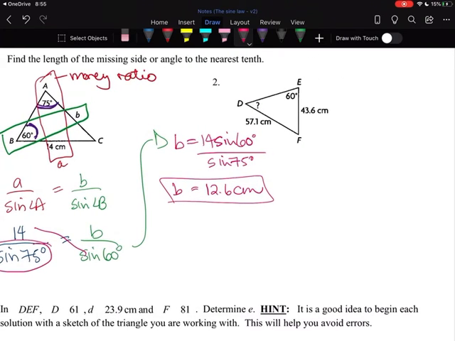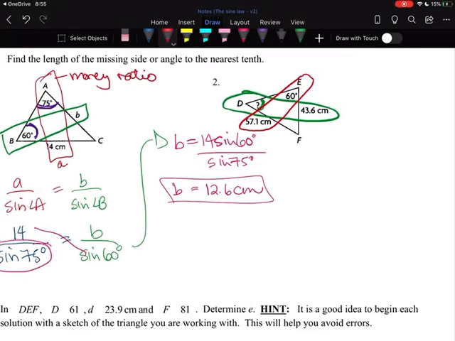For question number two, this time we're looking for a missing angle. We're looking for angle D right here. Again, I'm going to use the sine law. Here are my two opposites, my opposite side length and my angle, and the money ratio is right here. It's 60 degrees, which I know, and also the side length, which I know.